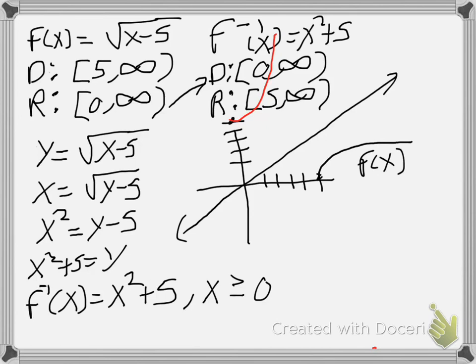Okay, and x can go all the way to infinity from there, but it cannot be in the negative, and that kind of makes sense because my range couldn't be below 0 on my original function. Okay, I know that might be a little bit confusing, but make sure that you add this limitation for your function. Okay, that's why it's important to understand what the domain and range is of each function that we're doing.